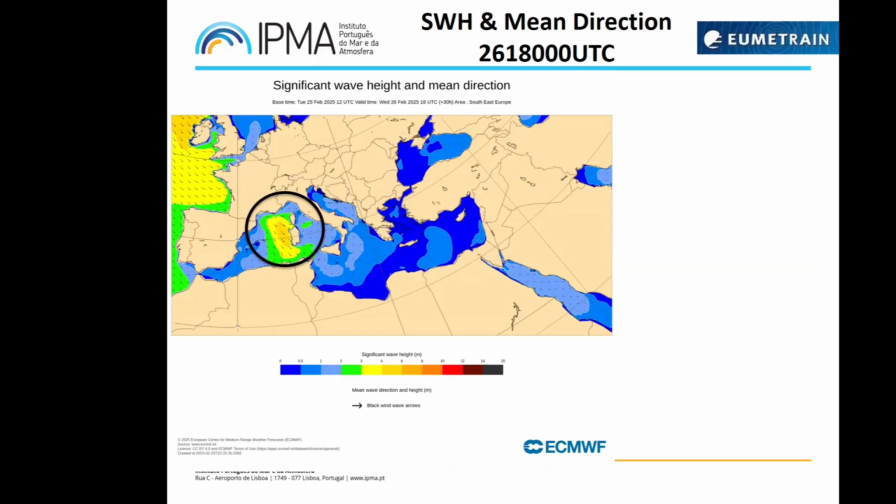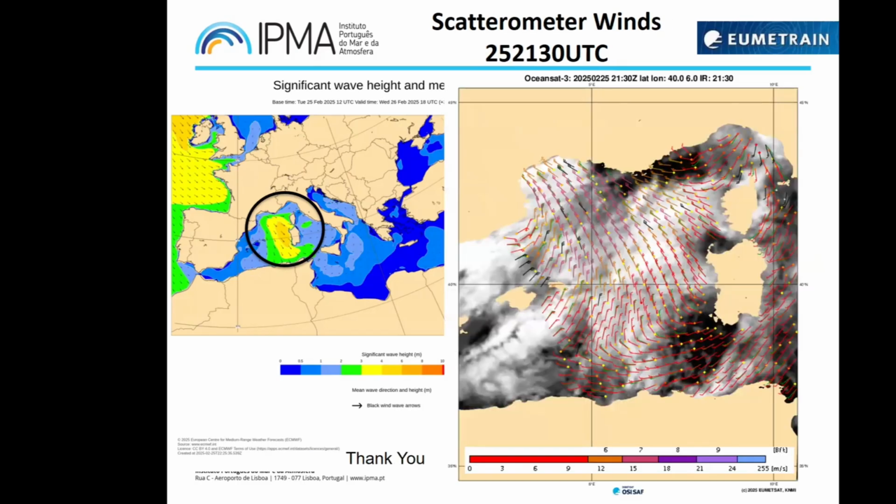But also last night, we can already see these very strong northerly winds over the area. We have here some data of 7 in Beaufort scale, so approximately 30 knots.